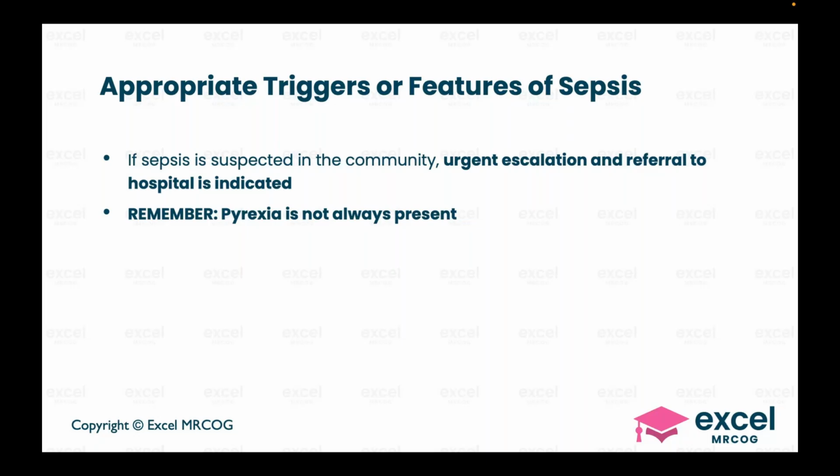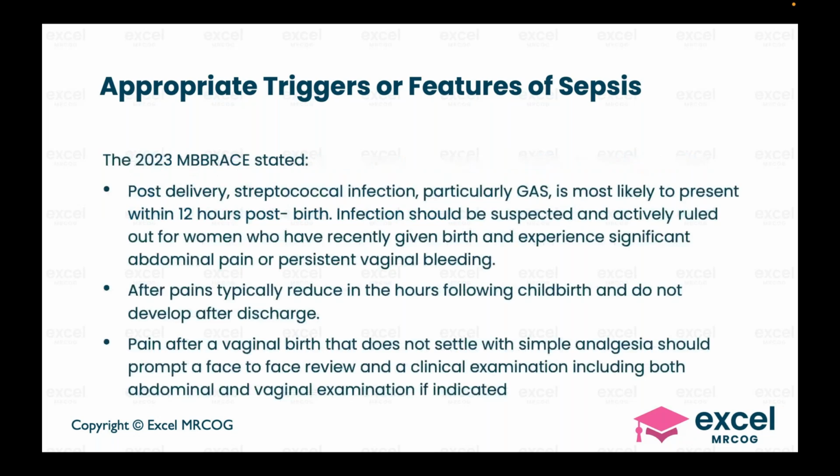Now, this is something I would want you to know, besides HSV. As stated by the MRCOG 2023, post-delivery streptococcal infection, particularly group A strep, is most likely to be present within 12 hours post-birth. Infection should be suspected and actively ruled out for women who have recently given birth and experience significant pain and persistent bleeding.